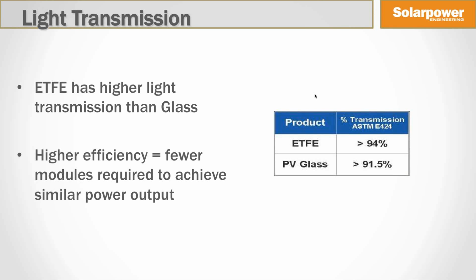These ETFE films are ideal for flexible and lightweight solar modules. One of the big pluses of these films is higher light transmission compared to conventional front PV glass. As you can see from the table over here, the percentage transmission of ETFE is more than 94% compared to PV front glass, which is 91.5%.